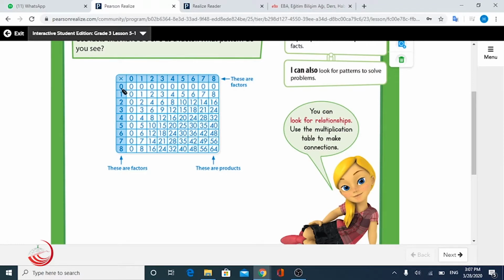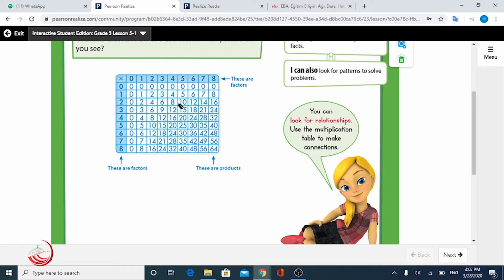If I want to make an equation by looking at this table, I will say that 0 times 0 equals 0. So all the unshaded squares are products.